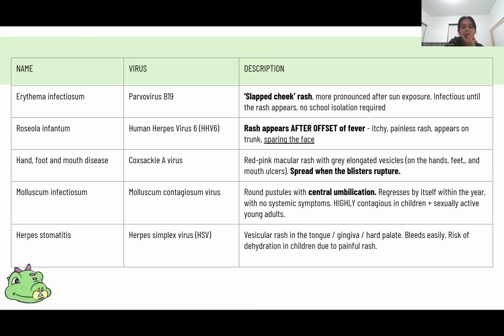Roseola infantum is characterized by a period of fever, then the fever stops, and then there's an onset of a rash on the trunk. It's caused by human herpes virus 6. Hand, foot, and mouth disease, pretty self-explanatory, happens in those areas.